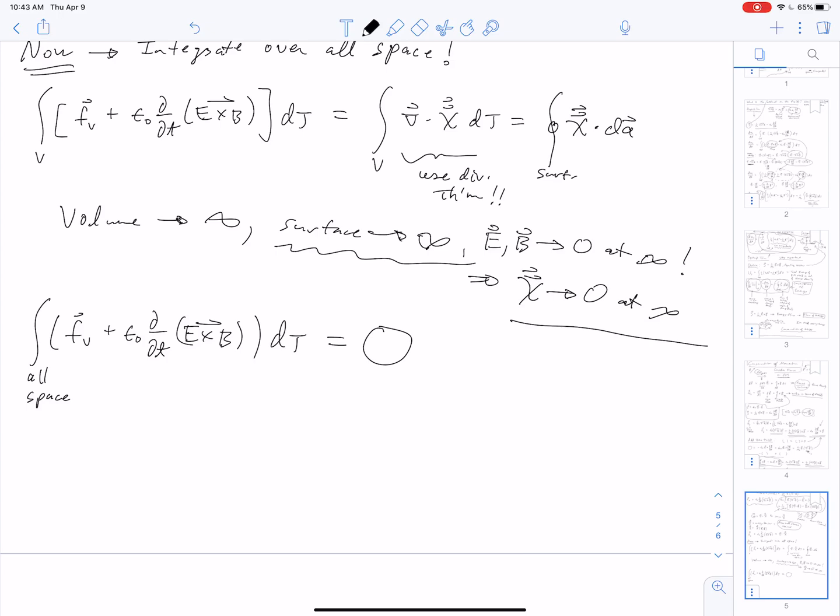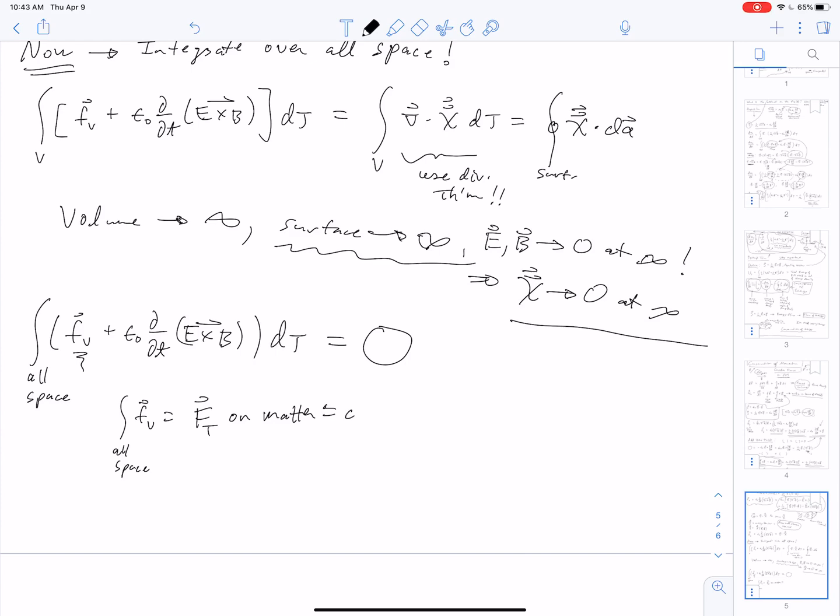But let's keep going. Let's go a little further. Because remember, the whole point is that I have some charge distribution, and F is the force per volume on that charge distribution. So if I integrate it over all space, then the integral of f_v over all space has to be the total force on my matter, the stuff.